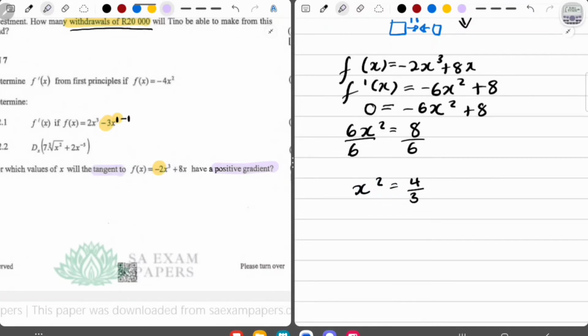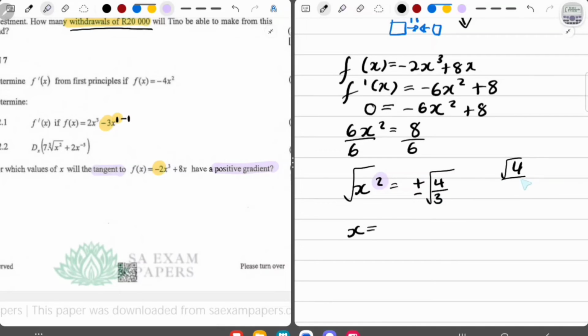So do you see that this is an equation? We can get rid of this squared by square rooting. But when you square root, you need to remember that this is an equation, so you have two solutions. That exponent 2 has two possible solutions, so we're going to say plus and minus. And so x is either equal to positive, and when a fraction is square rooted, you square root the numerator and the denominator.